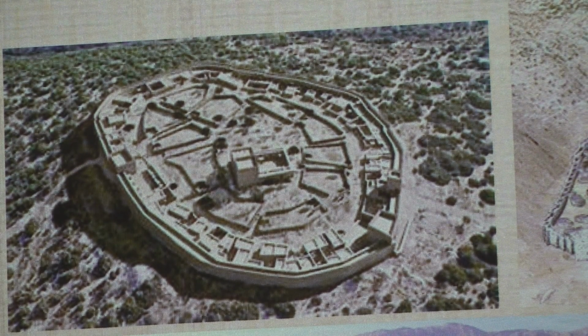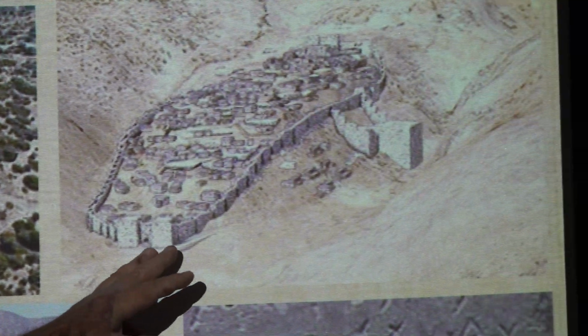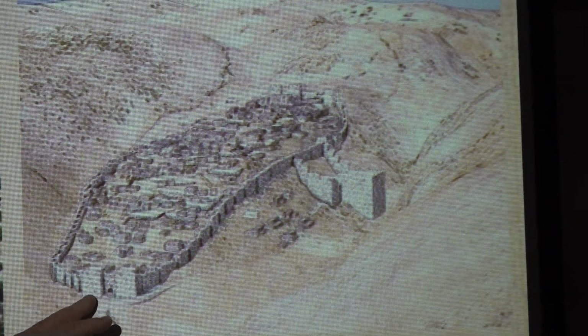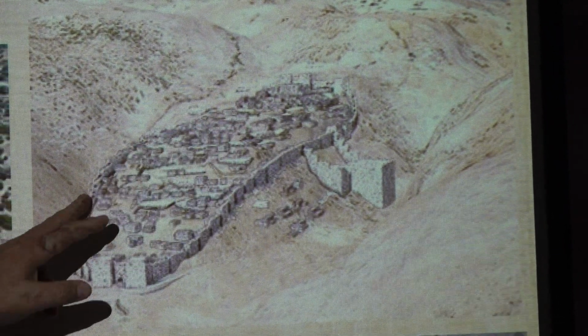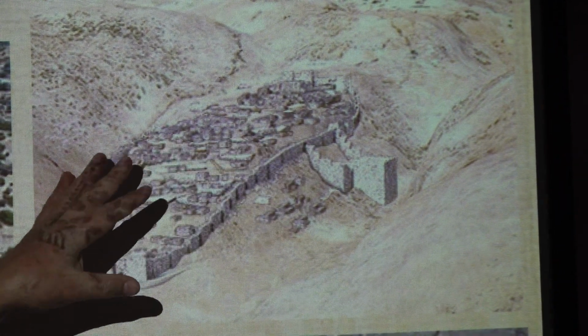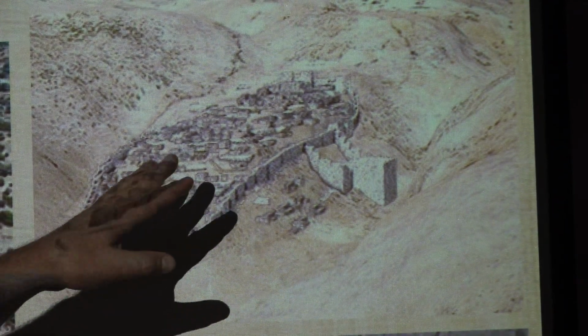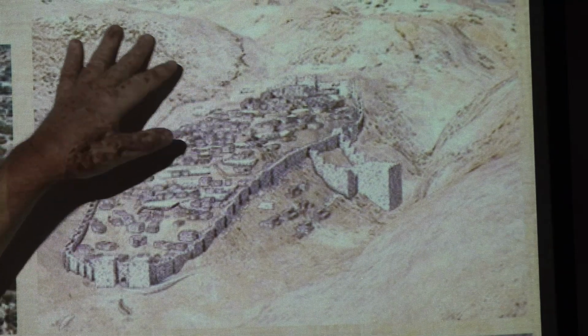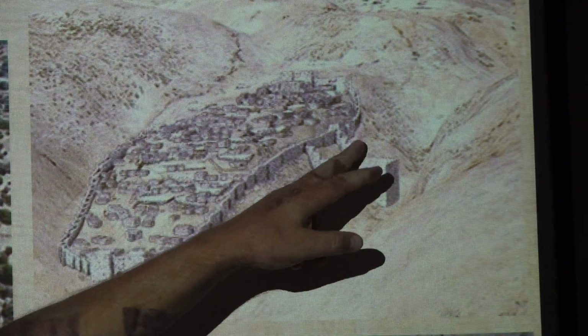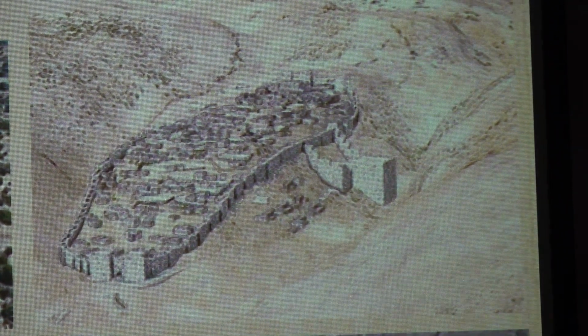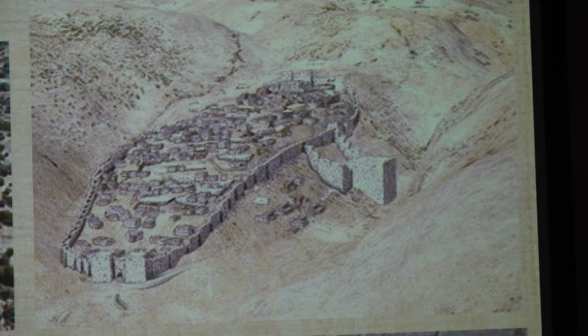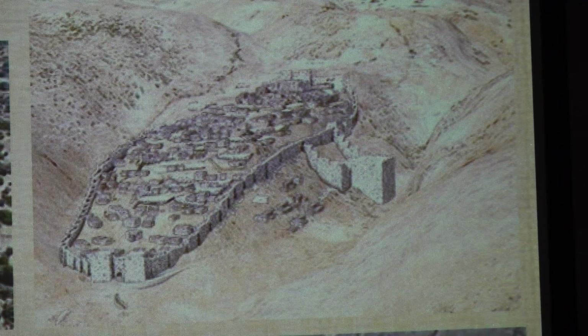Over here is another artist's rendition of Jerusalem at the time of David. Again, isolated to the city of David. No extension onto Mount Zion or Mount Moriah or to the Western Hill. You have this extension here of the Gihon Spring and a tower there to protect the water source of the city.